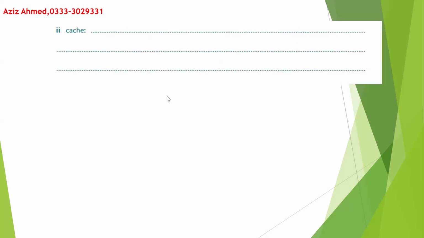Now see cache. Do you know cache? It is a register that provides access to other components and the CPU, and is faster than RAM.